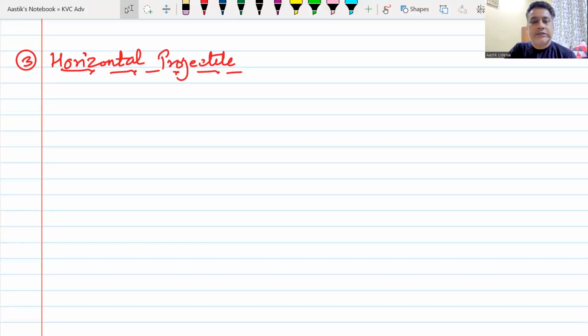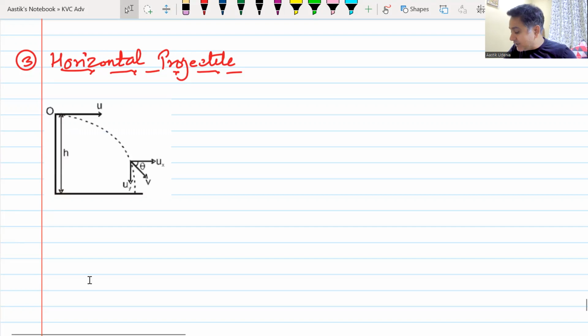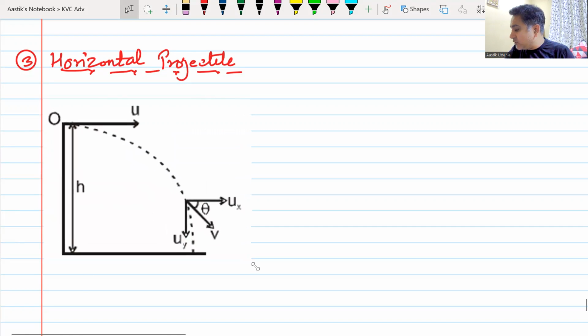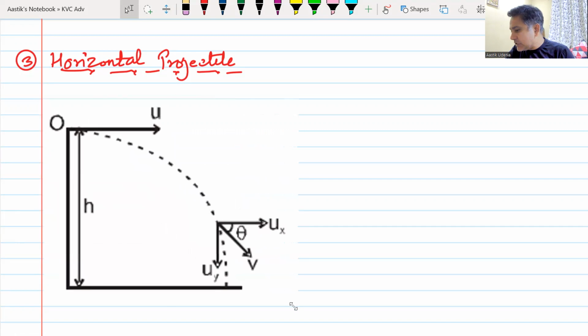Horizontal projectile. The third type of projectile is horizontal projectile. No prizes for guessing what is going to happen. I cannot throw it from the ground because if I throw it from the ground, it will just go along the ground. So to make a horizontal projectile, I take it to a height and then I project it horizontally like this.